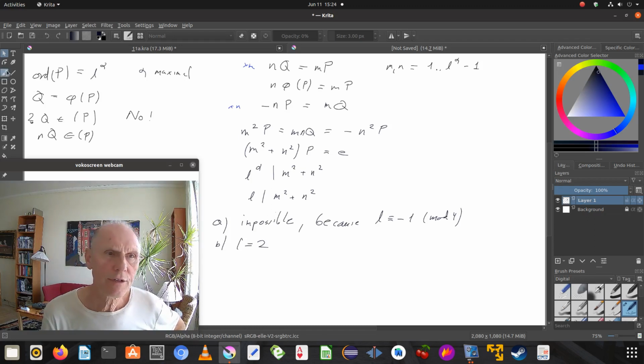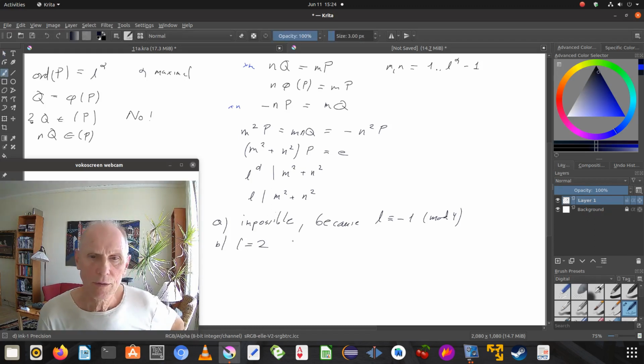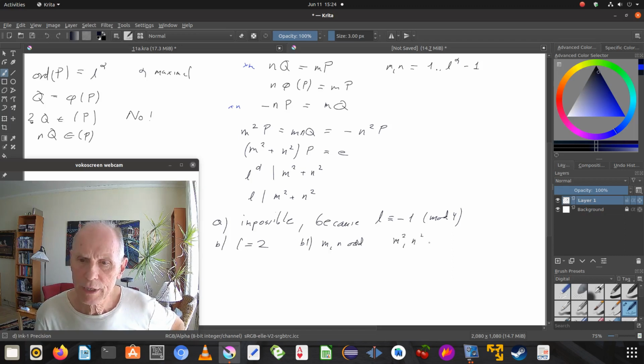The first case is mn being odd. Then m squared and n squared are equivalent to 1 modulo 4, and that means that the sum is equivalent to 2 modulo 4, meaning it's divisible by 2, but not to any higher order.